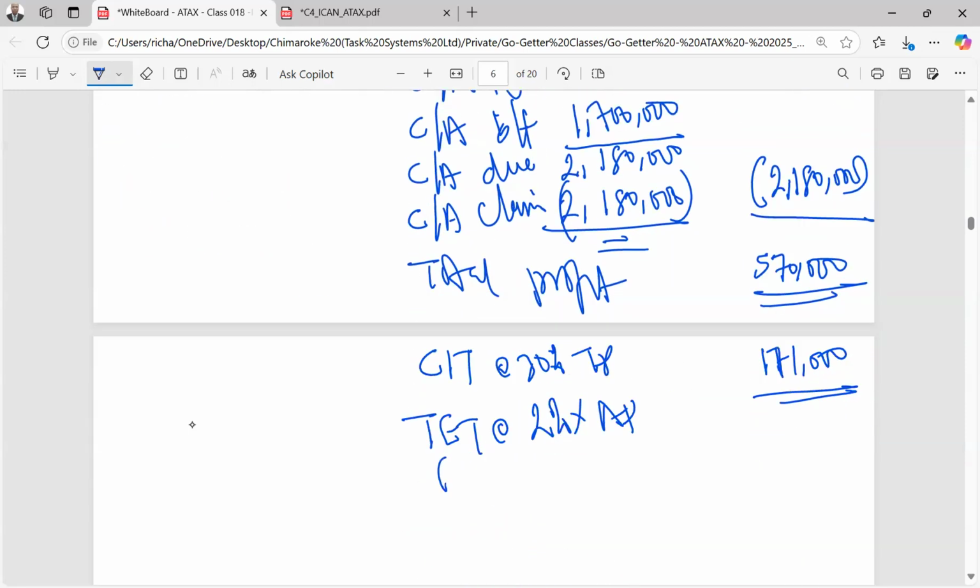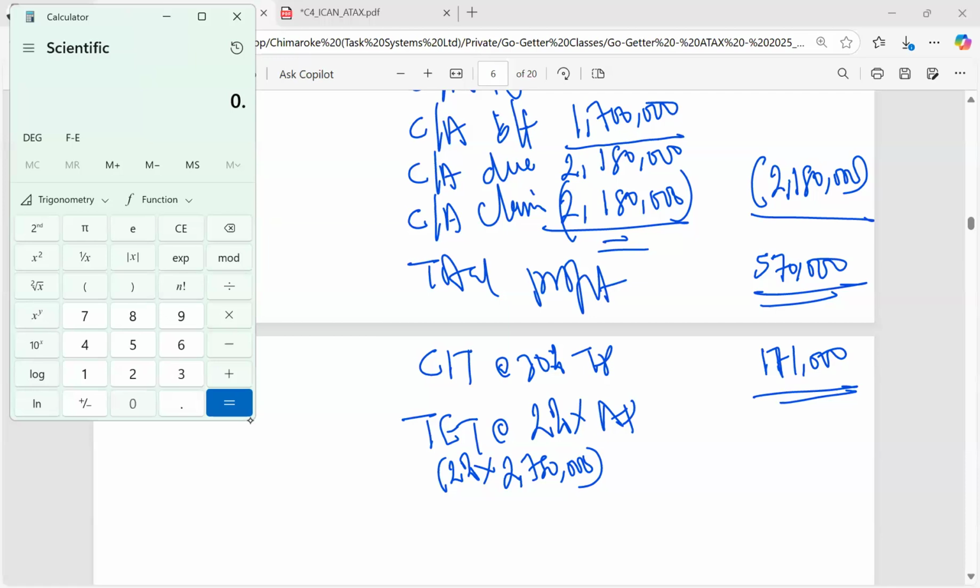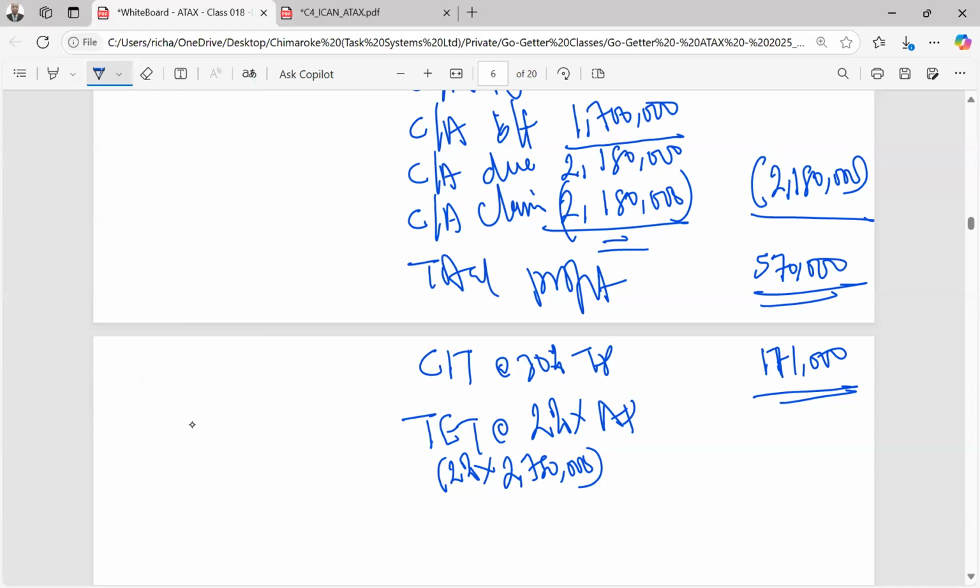So it's going to give us 2% times 2,750,000. So what would that give us? 0.02, that's 2% times 2,750,000. That will give us 55,000. So that is 55,000. And that ends this question.